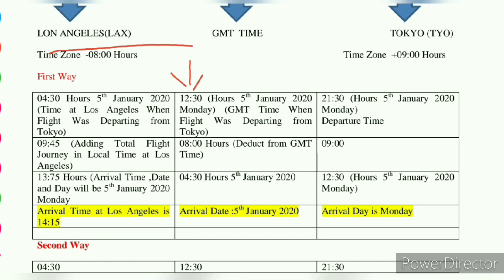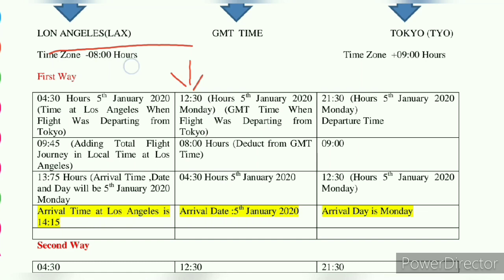Minus 8 hours means that Los Angeles is behind GMT. How many hours behind? Minus 8 hours. So from the 12 hours 30 minutes, if we go back 8 hours, we can find out the local time of Los Angeles.